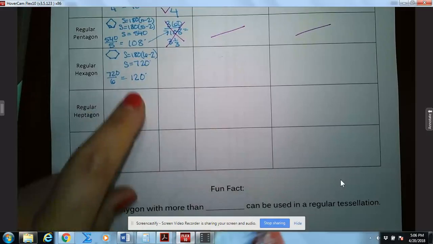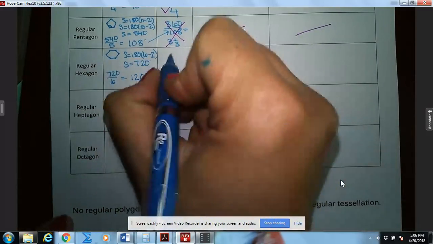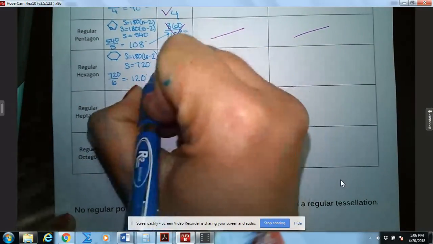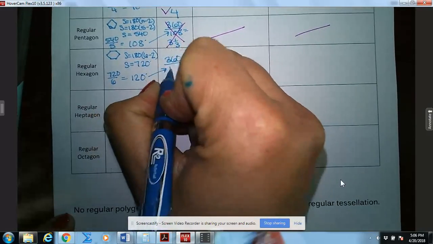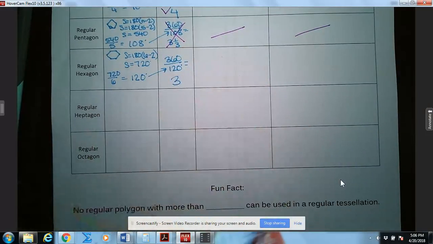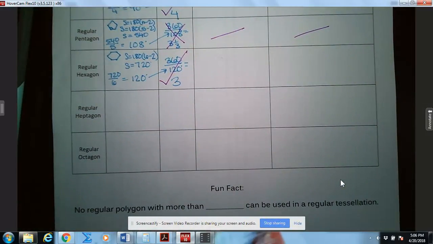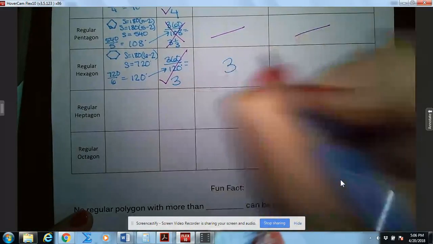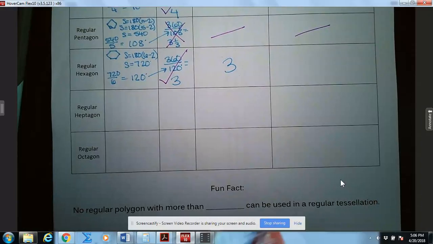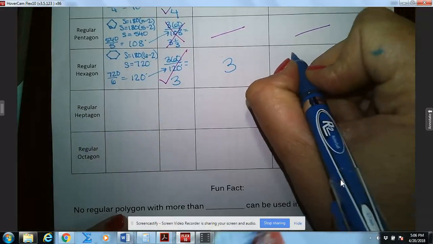Let's see if that interior measurement is a factor of 360. 360 degrees divided by this interior angle measure is equal to 3. So it is a factor. It takes 3 hexagons to tessellate. Oh goodness, let's see if we can sketch that one out. All right, hexagon.